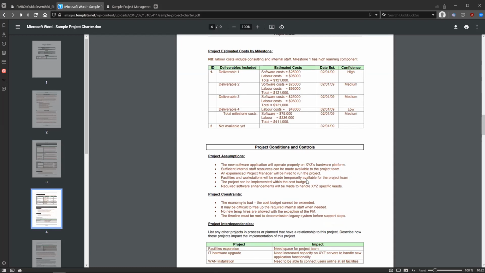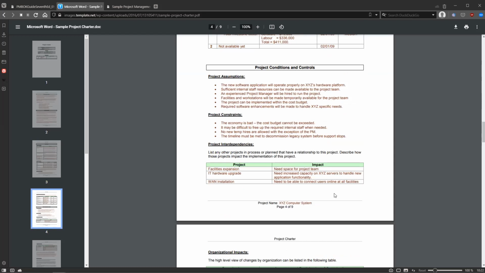Also, it's not very common in mixed companies where project managers are not performing the full project management position, but cost management is possible to be documented within the charter. All the information known about projects, such as assumptions, constraints, potential risks, all of this is documented again in the project charter if available.